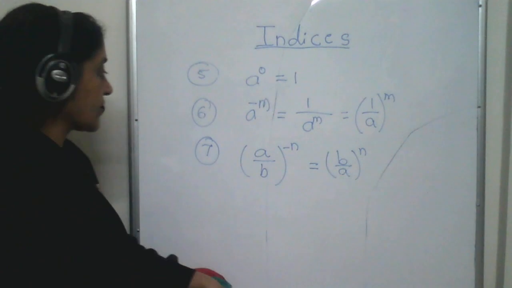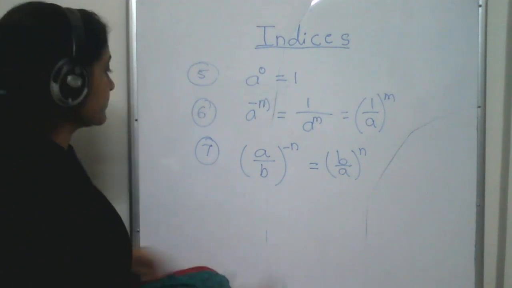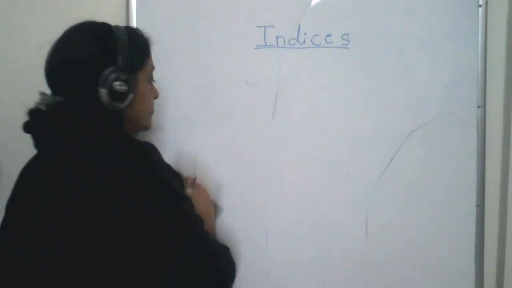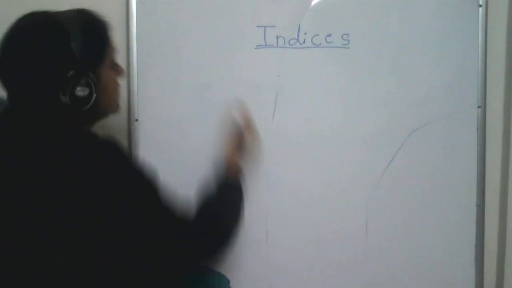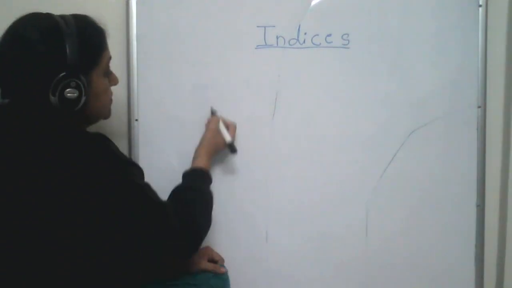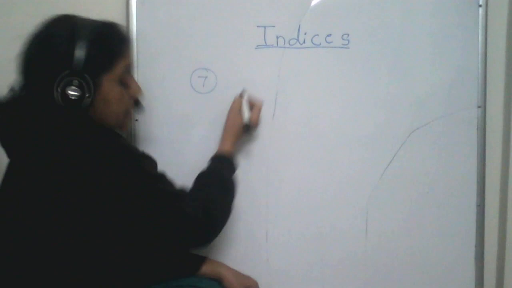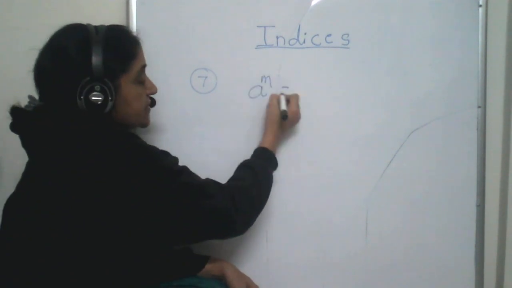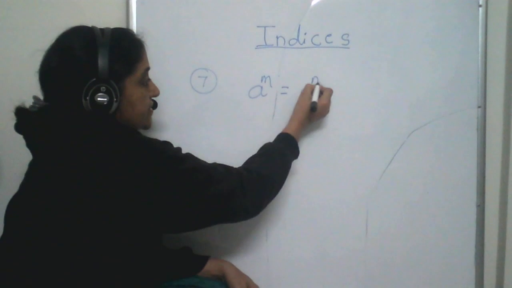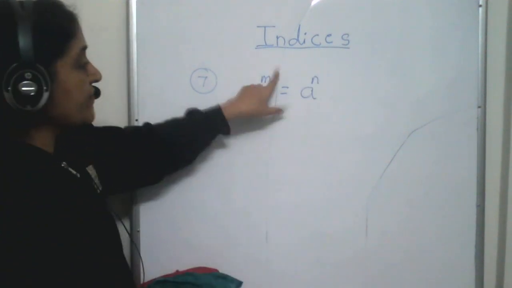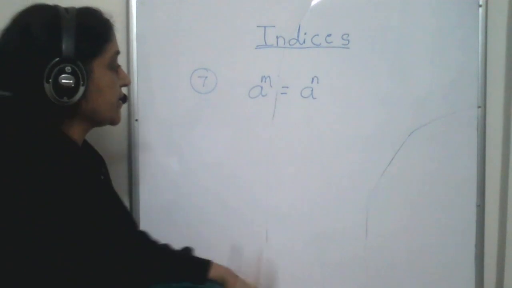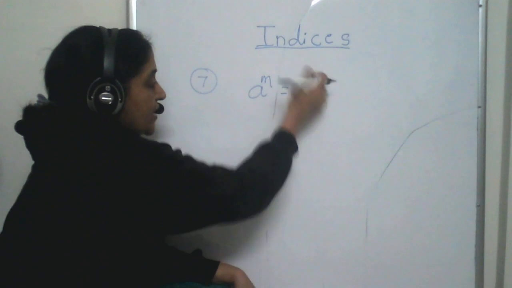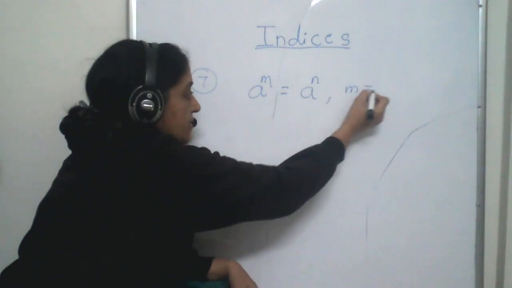After this we have the 7th one. Now if you have two sides, LHS as a to the power m and RHS as a to the power n, and on the left hand and right hand side the bases are the same, then you can equate the exponents.